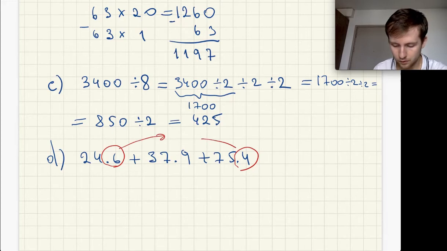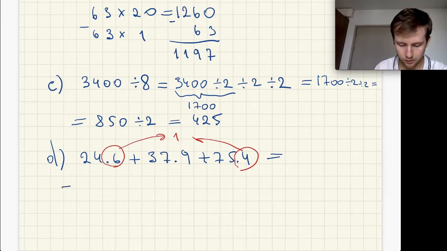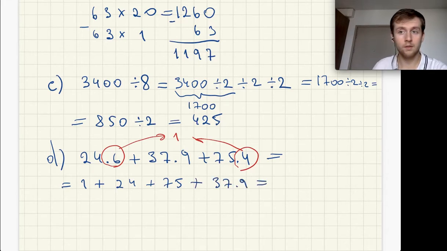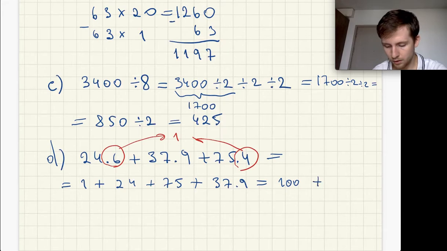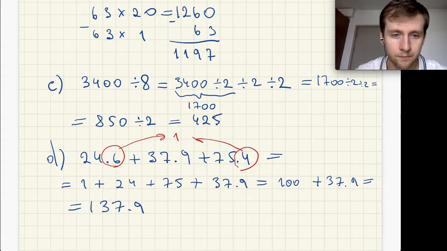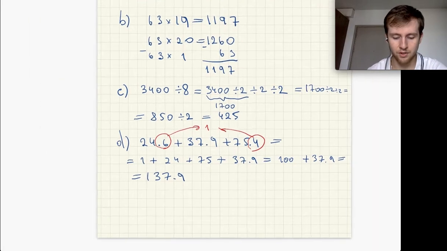So we can write this as 1 plus 24 plus 75 plus 37.9. This looks easier already. So 1 plus 24 plus 75 is 100. 100 plus 37.9 equals 137.9. Okay, that's another mental strategy.